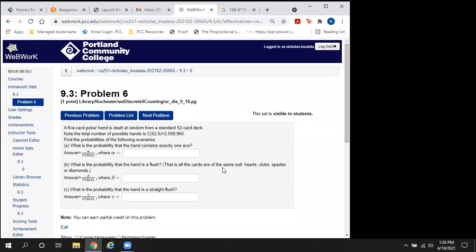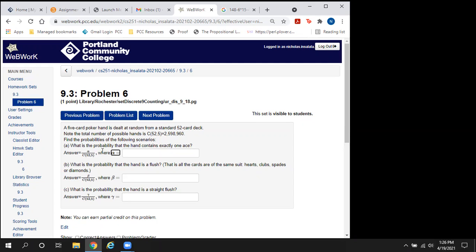Yeah, the chance that you get a specific thing out of some total number of things. Well, the total number of things is right here. That's the total number of hands you could get, all the possible different hands, 2.6 million, right? And what you do is you take the ones that you're looking for, which we're calling alpha in this case, and you divide by the total number, right? Probability is essentially just division, right?